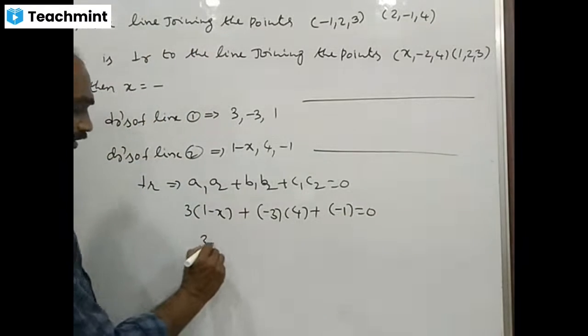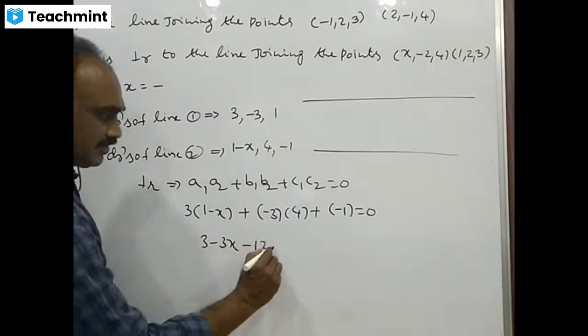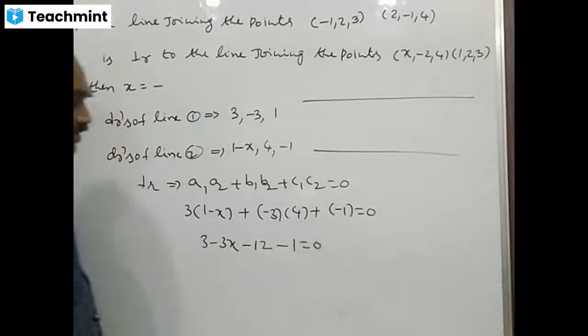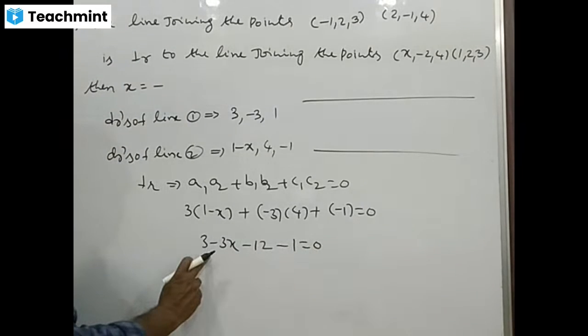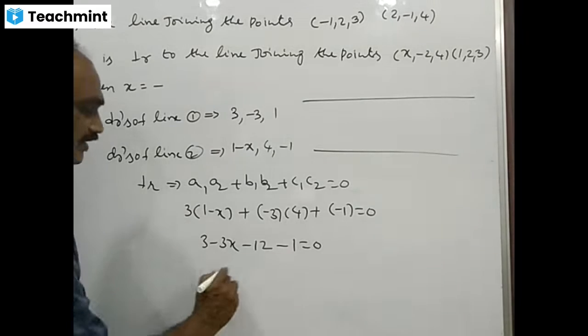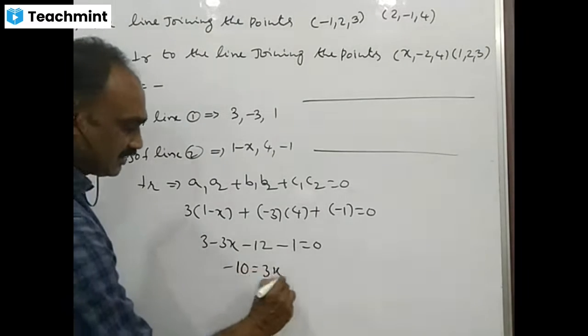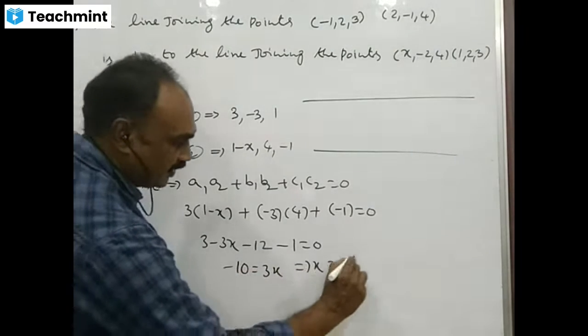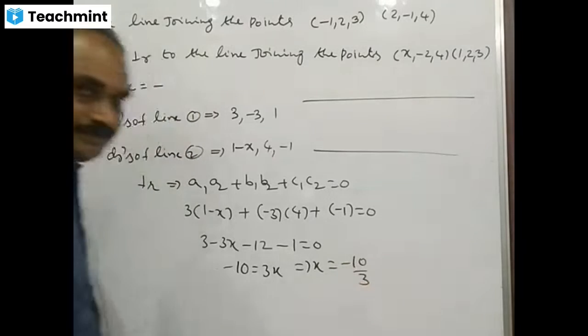So 3 minus 3x minus 12 minus 1 is equal to 0. Friends, here 3 minus 12 is minus 9, minus 9 minus 1 is minus 10, equals 3x. x is equal to minus 10 by 3.